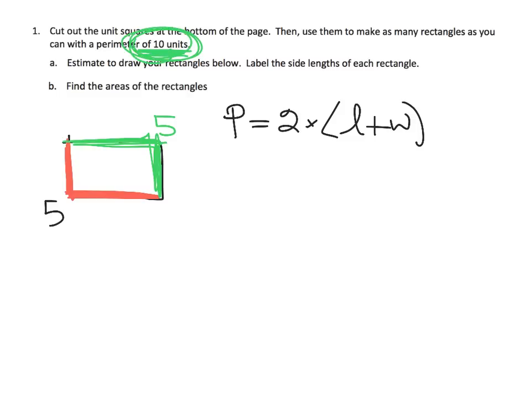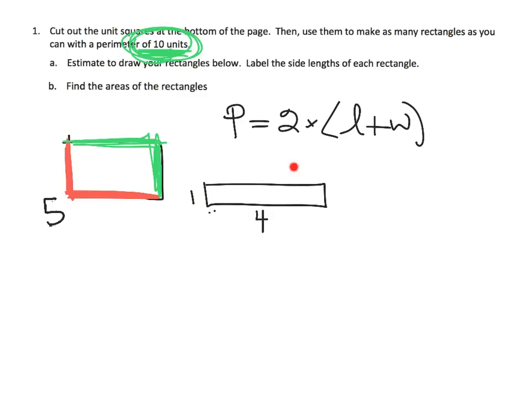So let's see, what are all the choices that could give us a perimeter of 10. We really want to find combinations of length and width that add up to 5. All right. So, well, we can think of 1 and 4. So one rectangle might look like 1 and 4, because 1 plus 4 is 5.